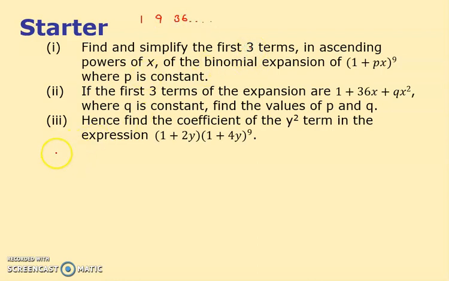So I'm just going to do it down here. 1 plus px, it says, to the 9. So the first three terms are 1 times 1 to the 9 and the px to the nothing, so that will disappear. It's a plus, so it will be pluses. 9 times 1 to the 8 times px to the 1, plus 36 times 1 to the 7 times px to the 2.